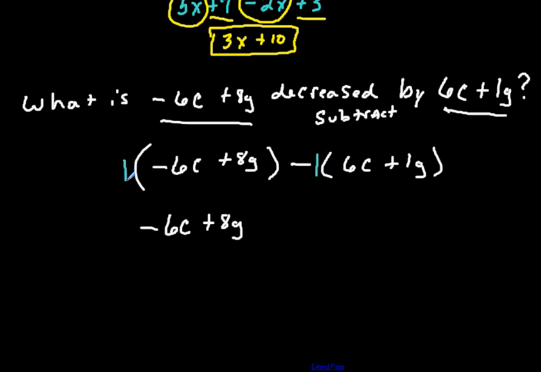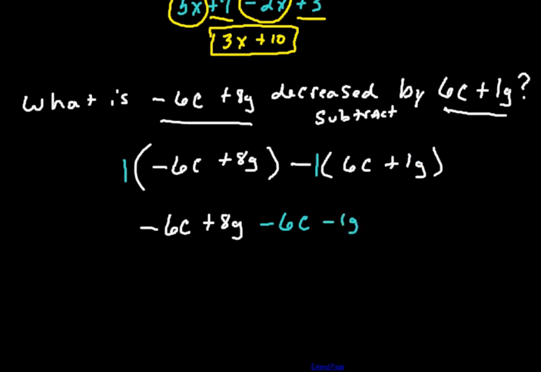We can always put a 1 in front of the parentheses. When we multiply by a positive 1, nothing changes. But when we multiply by a negative 1, it changes the signs. 6c is positive here, so it goes negative, negative 6c. And negative 1 times a positive 1g becomes a negative 1g.